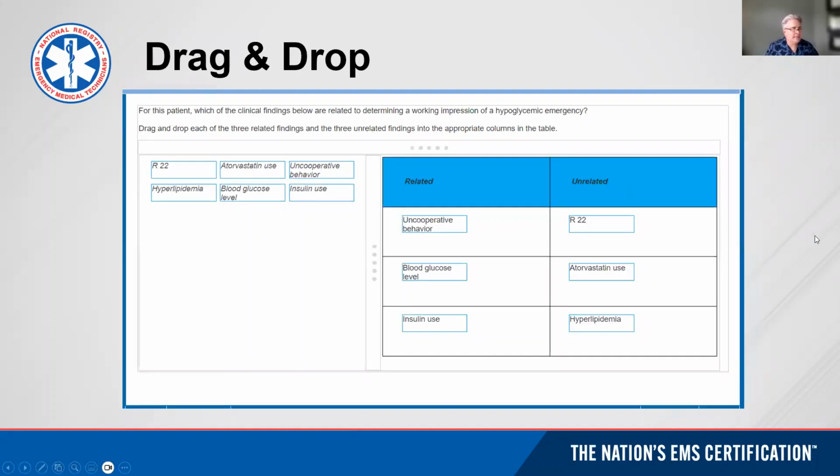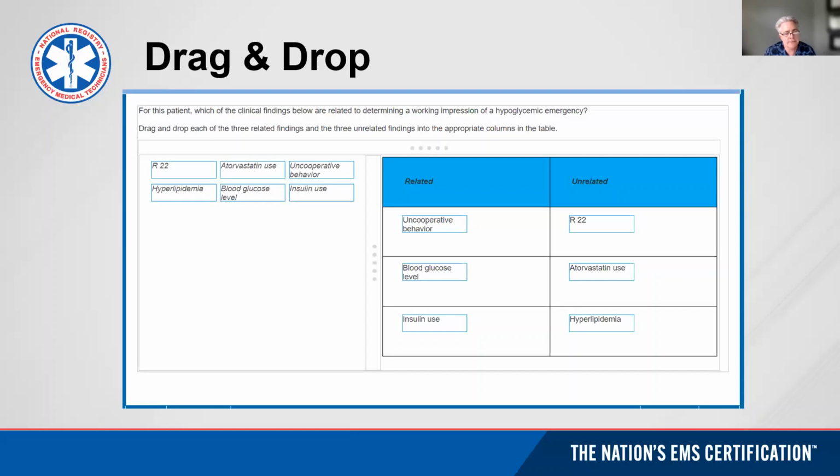I'd put them in the right spot, and I would say for this patient who has a sugar that's low and they are symptomatic, I would think that the signs and symptoms that are related are the uncooperative behavior, the blood sugar of 47, and the fact that they're using insulin despite the fact that they're fasting. I would think that what's unrelated is this respiratory rate of 22.